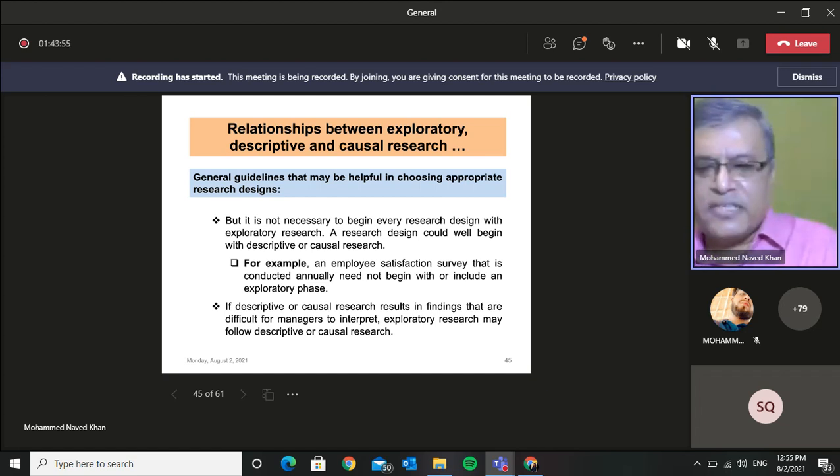Another interesting guideline is that it is not necessary to begin every research with exploratory research. For example, take employee satisfaction surveys that are conducted annually. We do not go for in-depth probing each time.